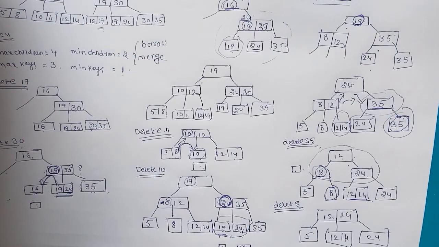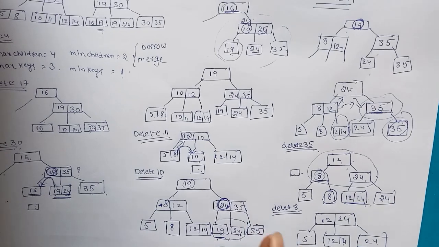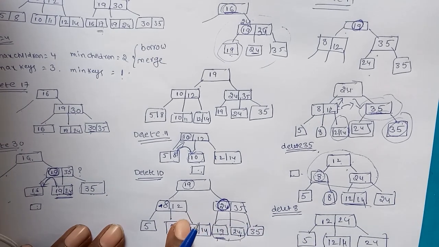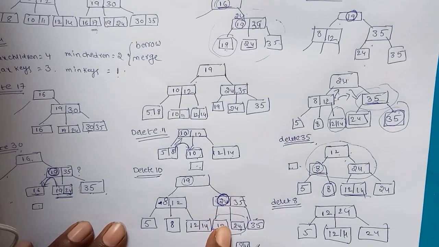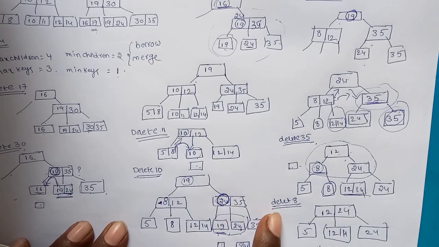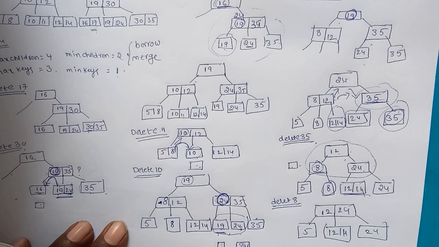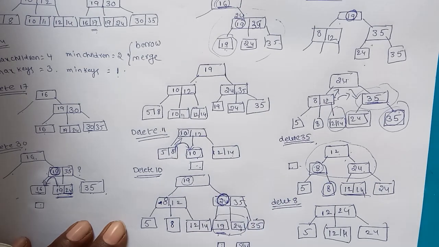Similar to insertion: in insertion, if a split occurs at a data node, make a copy. If a split occurs at an index node, do not make a copy. Similarly, if a merge occurs at a data node, delete the index. If a merge occurs at an index node, do not delete an index.